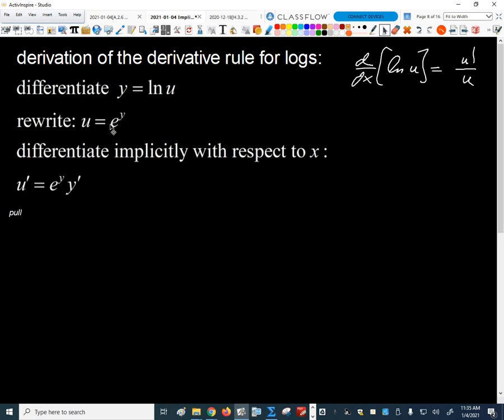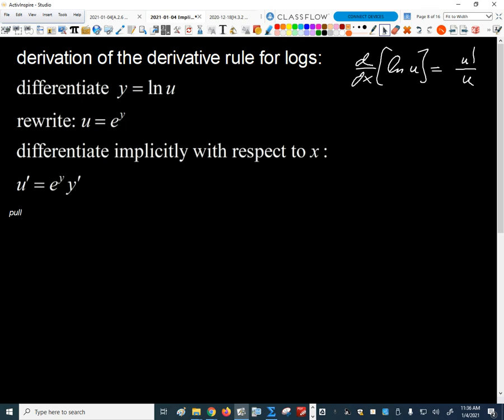And then if I differentiate implicitly with respect to x on the right, doesn't that make sense? I'm going to get the derivative of e to the y is e to the y times y prime, right? So the derivative of e to the y is e to the y. If I look inside that, the derivative of y is y prime, isn't it? Right?